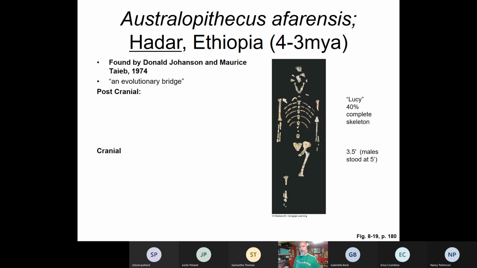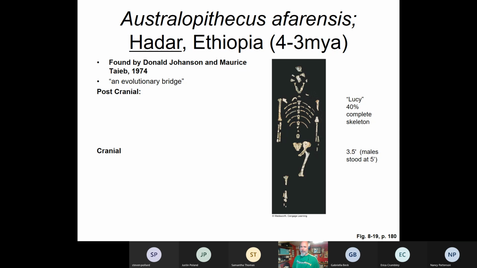There are several hundred afarensis specimens representing 60 different individuals in the area of Lake Tole and Hadar, that eastern Africa area. Sixty individuals alone just for this one species.